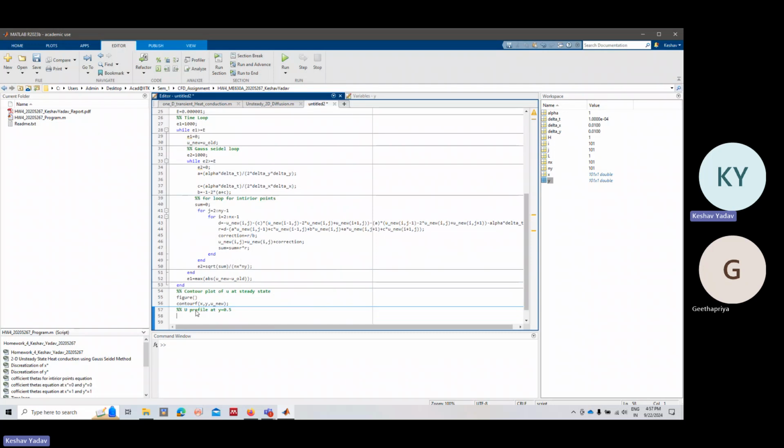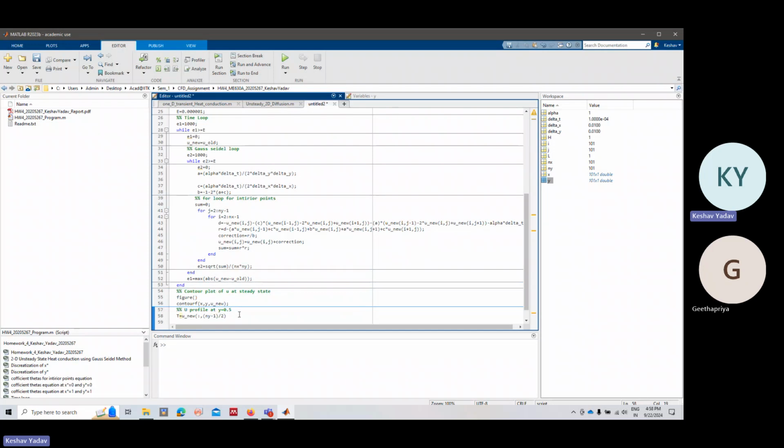How can I do that? I will find some t. That t will be equal to u new, at every i, but at, suppose at the 50th, meaning at n y minus 1 divided by 2th location.